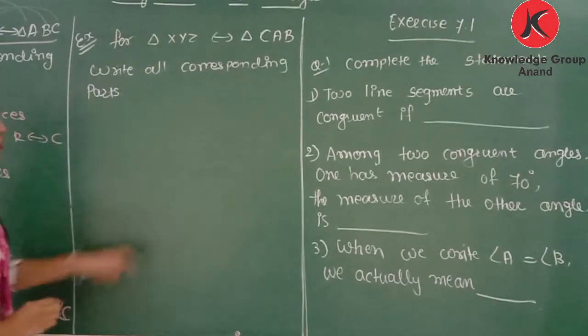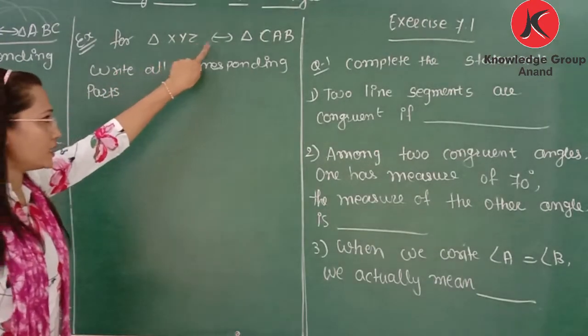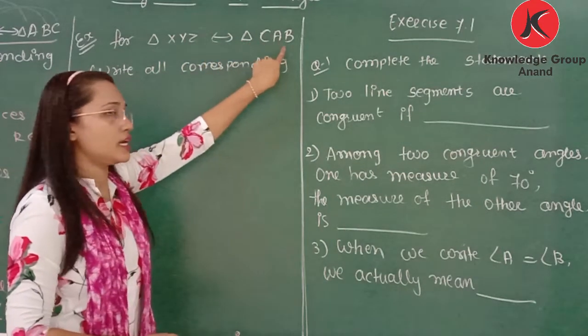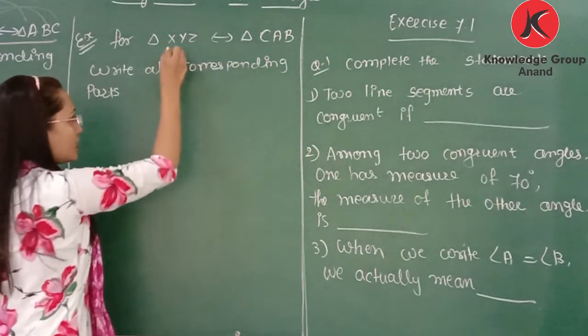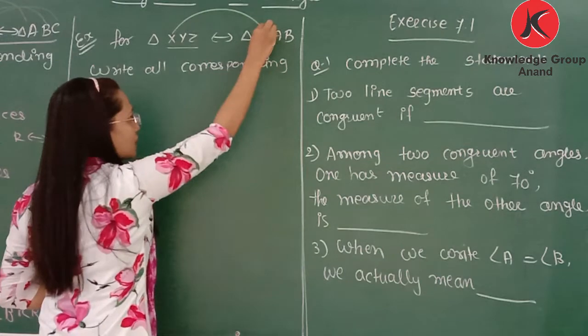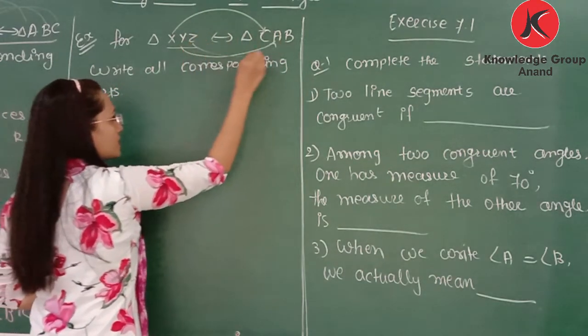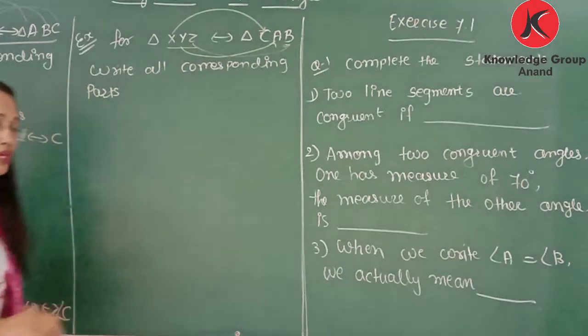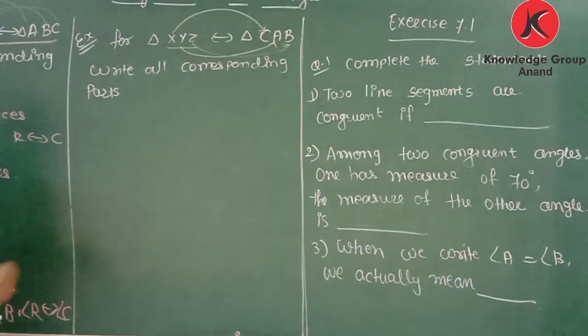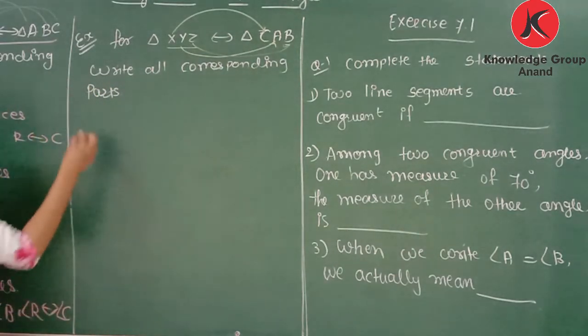Now next one, for triangle XYZ corresponding to triangle CAB. Here you can see XYZ means X corresponds to C, Y corresponds to A, and Z corresponds to B. So write all the corresponding parts same as the previous example.